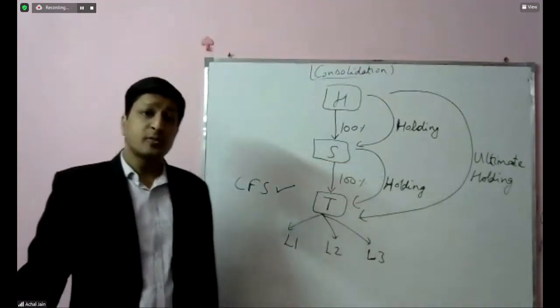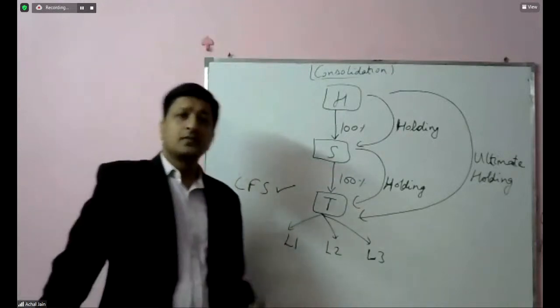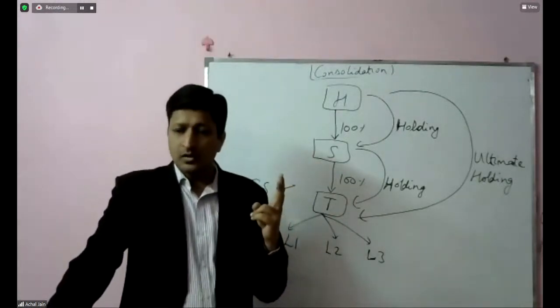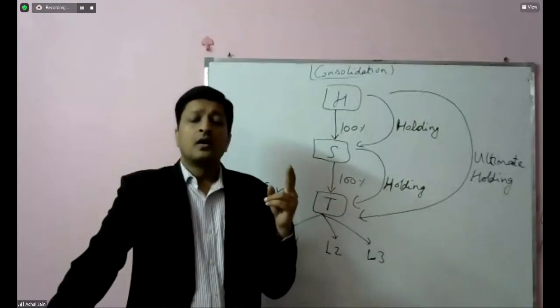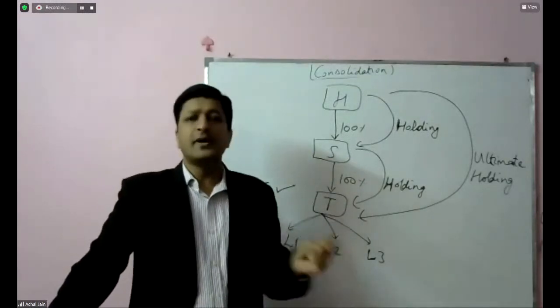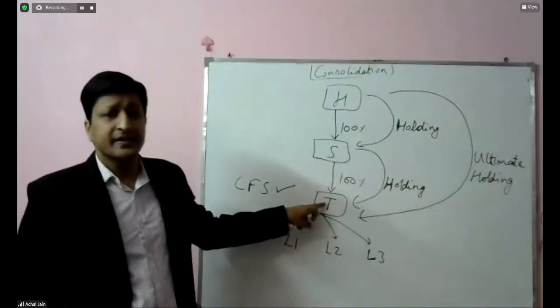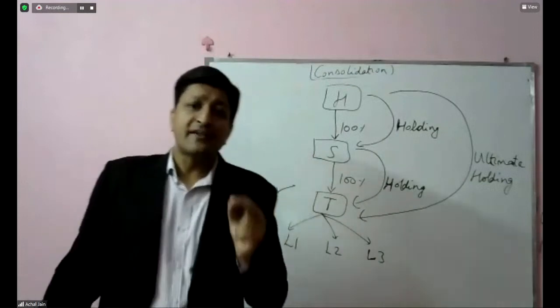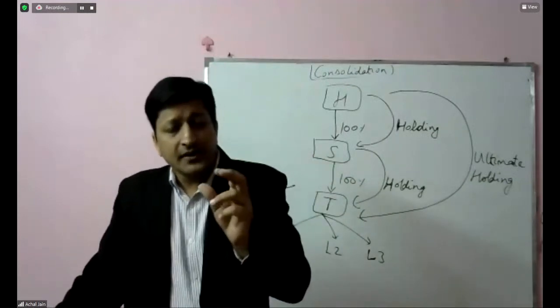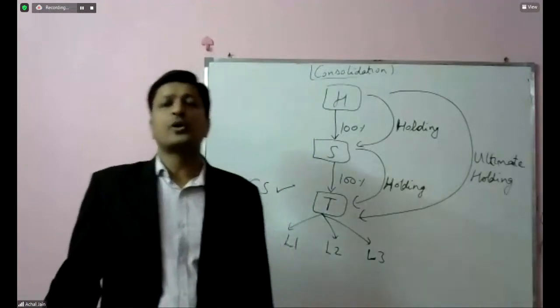So now, coming back to the exemption, T should be a subsidiary, which is the case number one. Number two, the holding or the ultimate holding of this subsidiary should have given consent that if T doesn't prepare consolidated financial statements, it is okay.